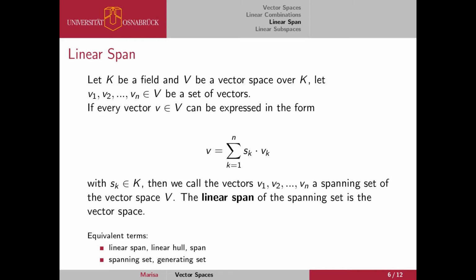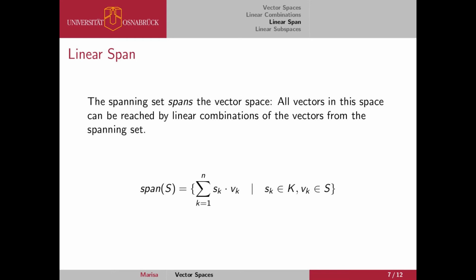I want to continue talking about linear spans for a bit more, but will introduce a slightly new notation now. You've just learned about the terms spanning set and linear span. The terms are quite intuitive here. The spanning set spans the vector space, so all vectors in this space can be reached by linear combinations of the vectors from the spanning set.